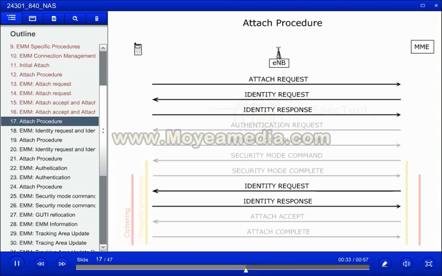So, in the first case, the UE answers with its IMSI, International Mobile Subscriber Identity. The second time, the network requests the IMEI from the UE, the International Mobile Equipment Identity. This second request is optional.